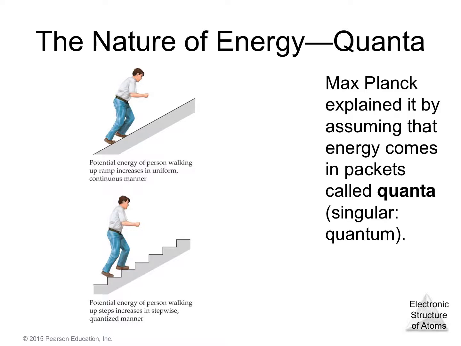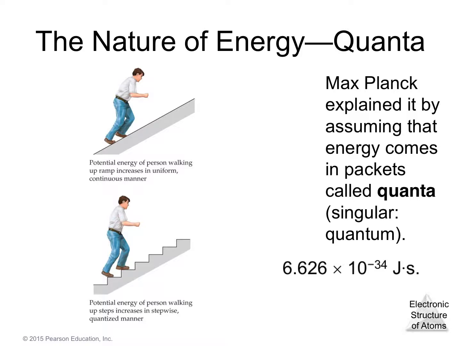It's going to gain or lose in certain multiples of an amount of energy that Max Planck discovered. It's called Planck's constant. Planck's constant is 6.626 times 10 to the negative 34th joule seconds. And so atoms are going to lose or gain energy in some multiples of that number.